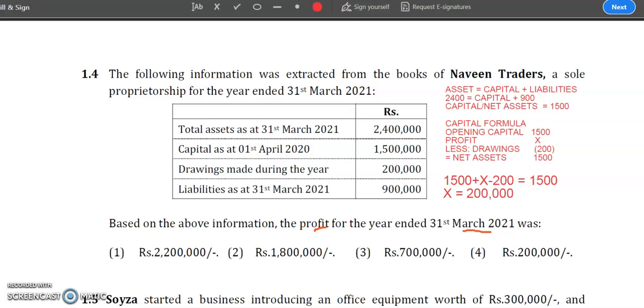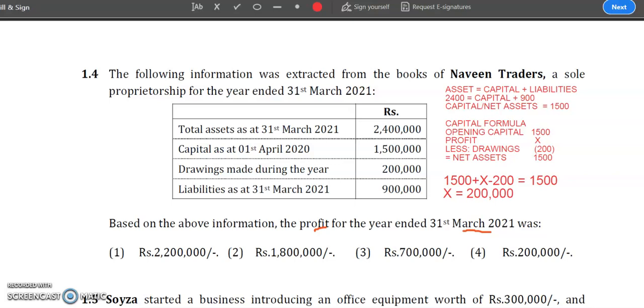First of all, from the balance sheet, we have to calculate the profit. We know assets equal capital plus liabilities. An alternative name for capital is net assets. What are net assets? Assets less liabilities. Under this question, assets are 2.4 million at the year end, and the liabilities are 900. So assets minus liabilities, called net assets, is 1,500.